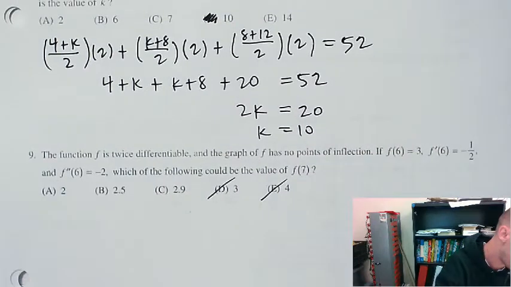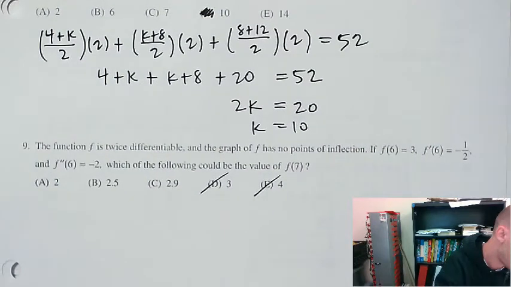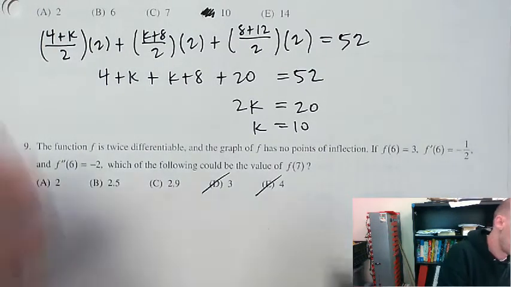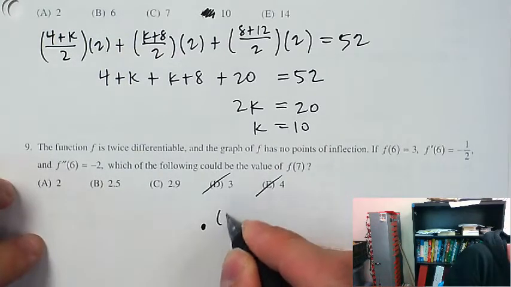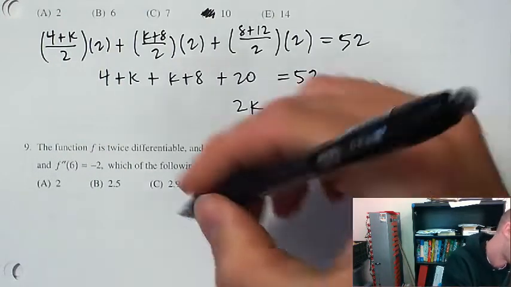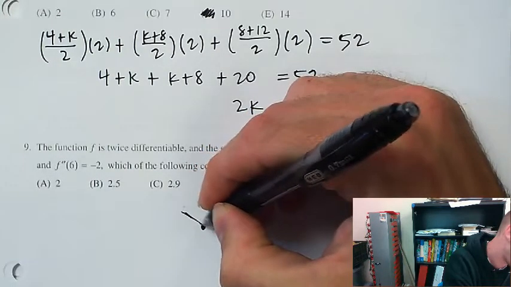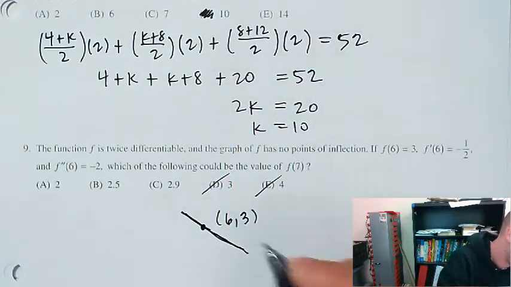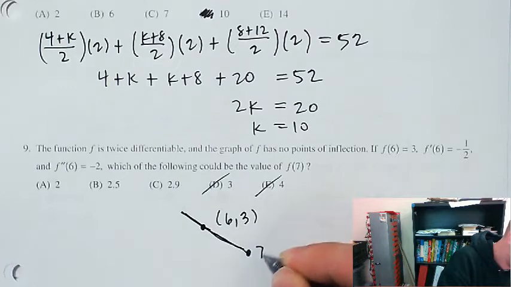Okay, but I actually know that it's probably got to be less than 2.5. All right, so if I'm at 6, 3, and I've got a slope of -0.5, let's say in the most basic scenario, we've got that slope of -0.5 here. Well, then at x equals 7, y would be 2.5, right?